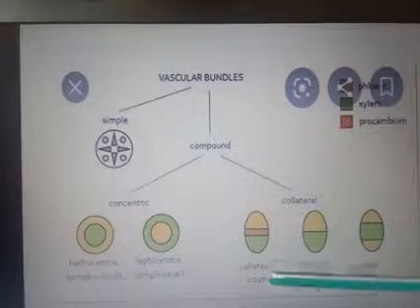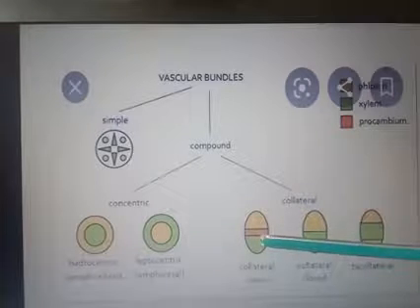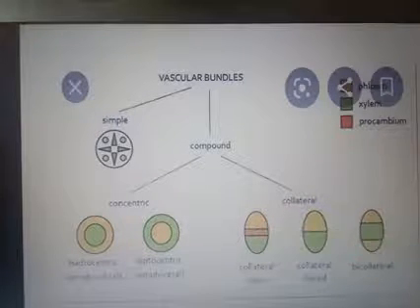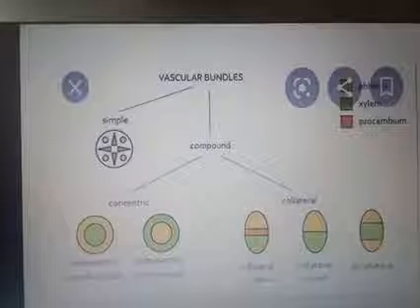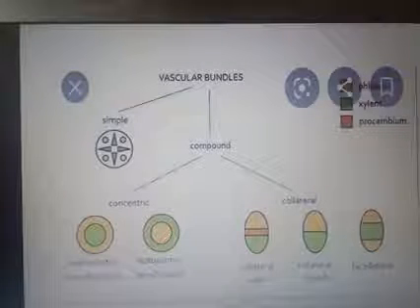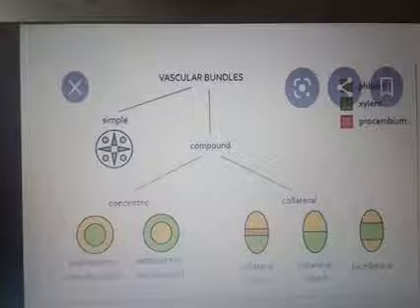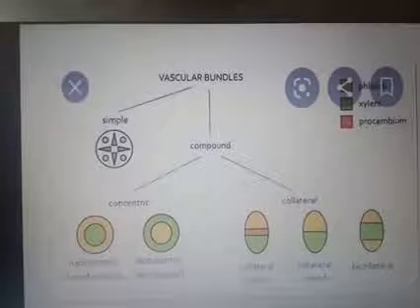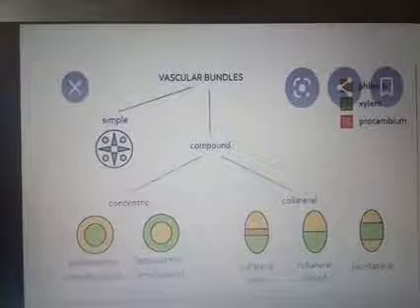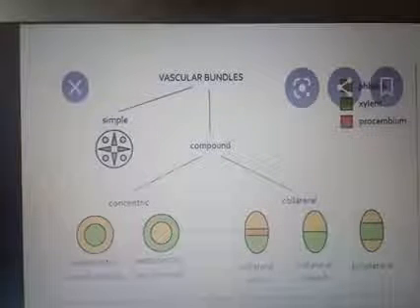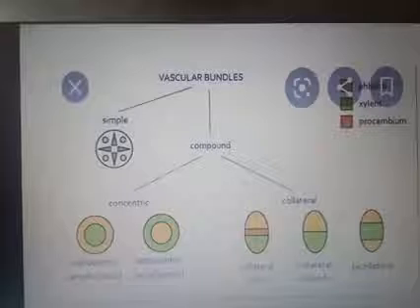If procambium is present between the xylem and phloem, that arrangement is known as an open vascular bundle. Dicot stems are the example for the open bundle.